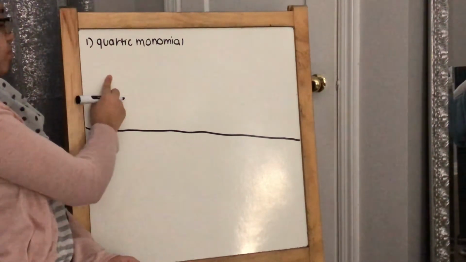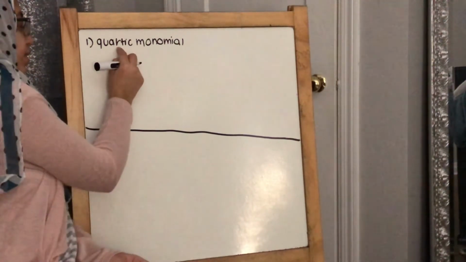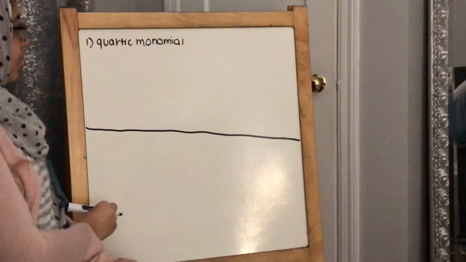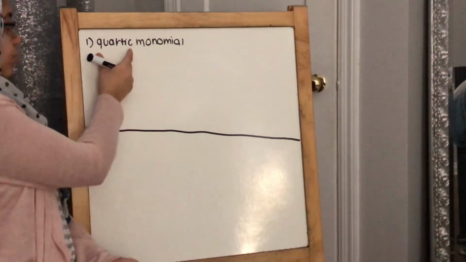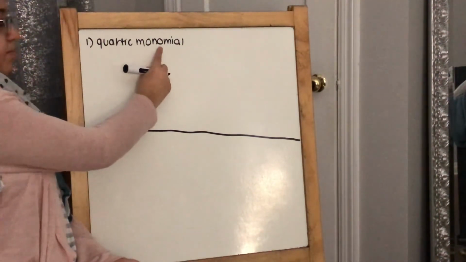Remember, we are classifying polynomials by their degree and by the number of terms. So based on the question that's given, I can tell that the degree of my polynomial is 4 because it's quartic, and that there's only one term because it's a monomial.